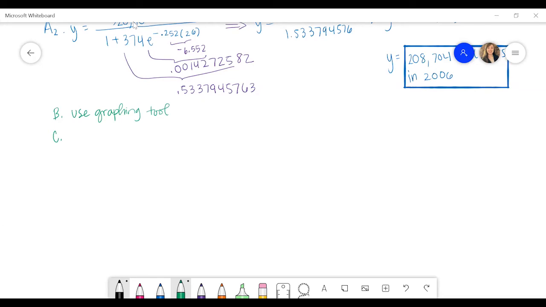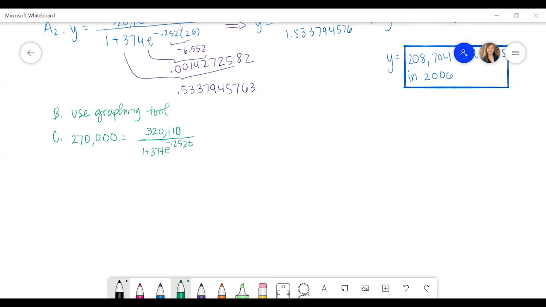Part C, what you want to do is set that 270,000 equal to the rest of your question, right? So equal to 320,110 divided by 1 plus 374 e negative 0.252 t. And our goal is to solve for t.